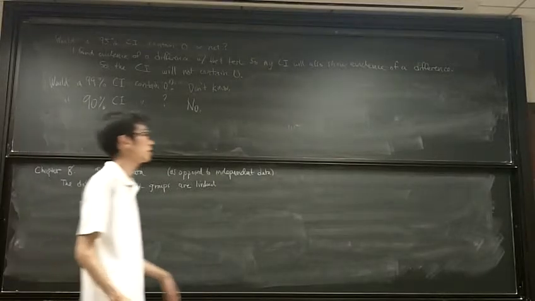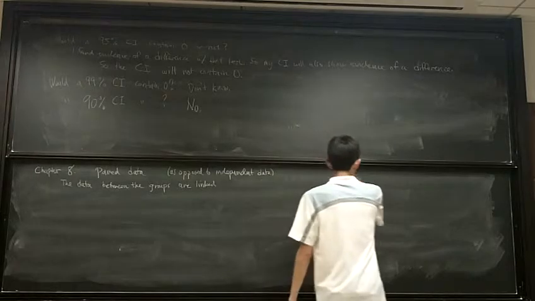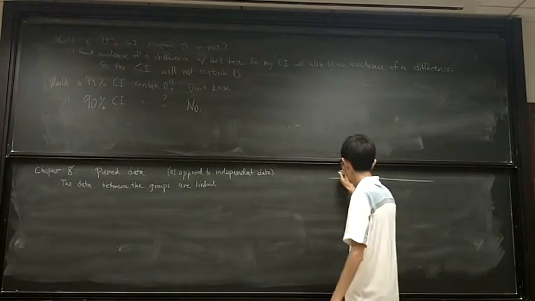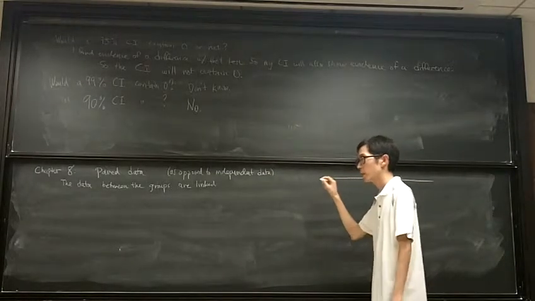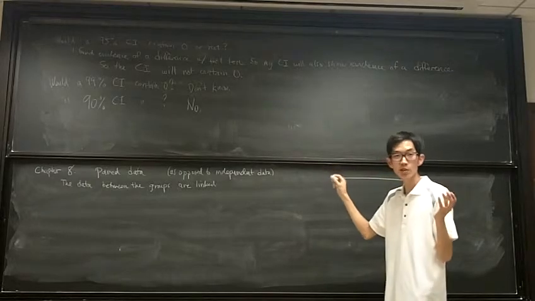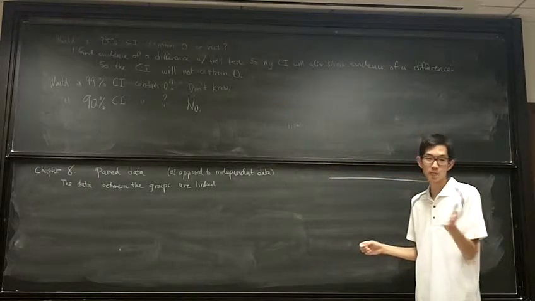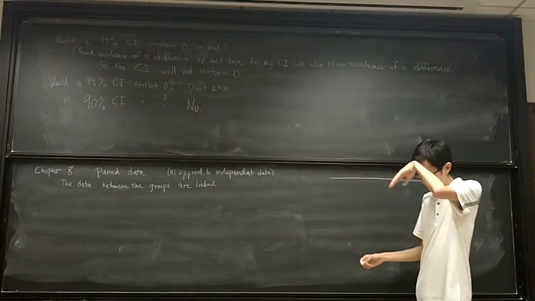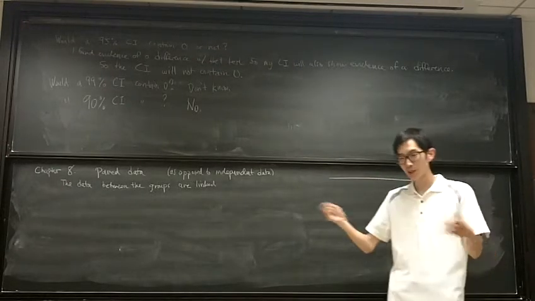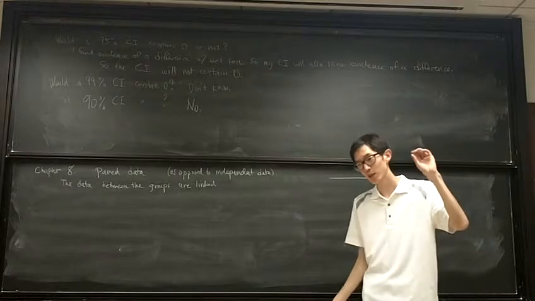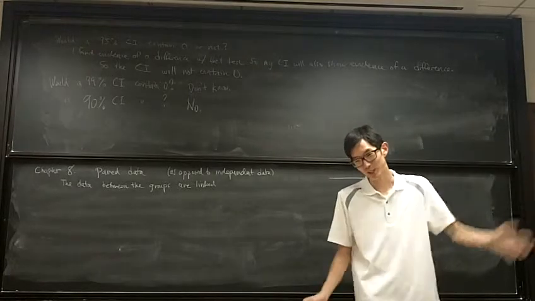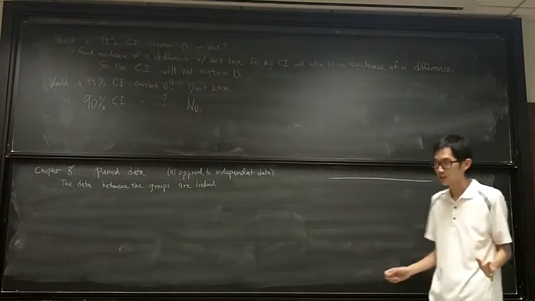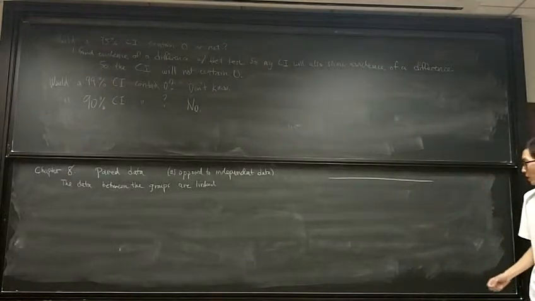Alright, so a lot of times before and after measurements are like the perfect example of paired data, before and after. So let's say some company said, hey, we've got this miracle weight loss pill. Okay. If you ever hear of miracle weight loss pill, they're probably not for real.